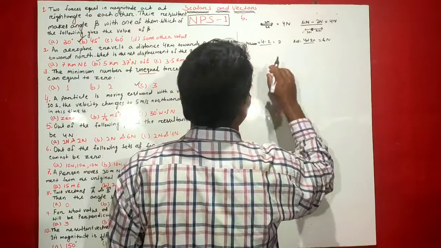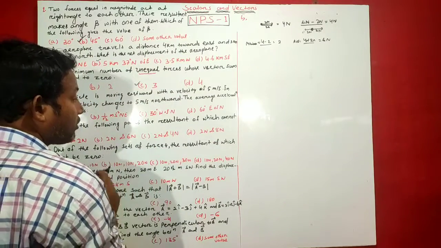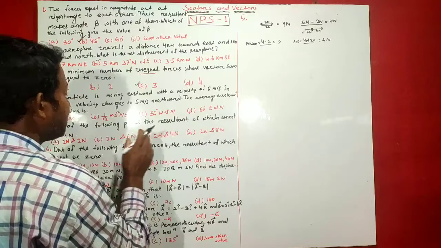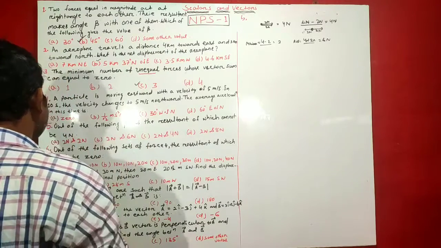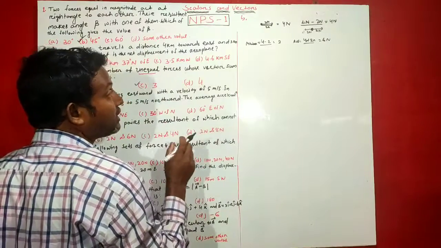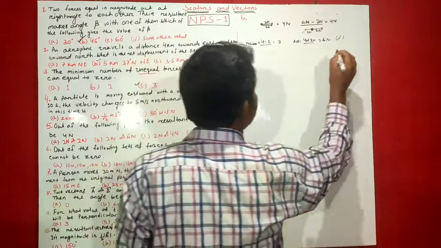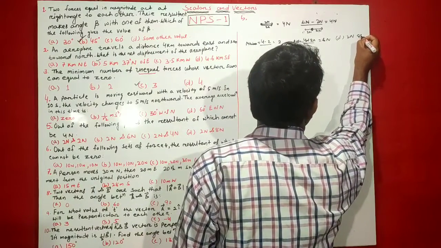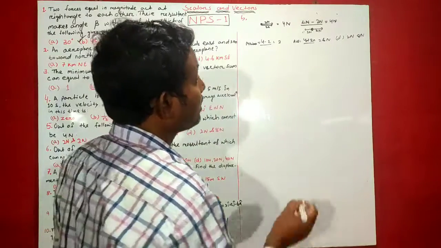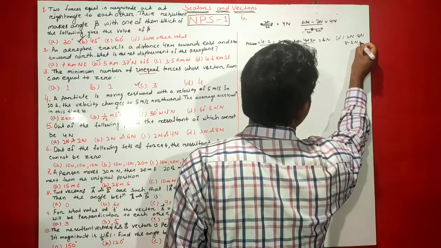So it will also give 4 Newton. But the answer D, where there is 2 Newton and 8 Newton, guys, their minimum will be 8 minus 2, that is 6.